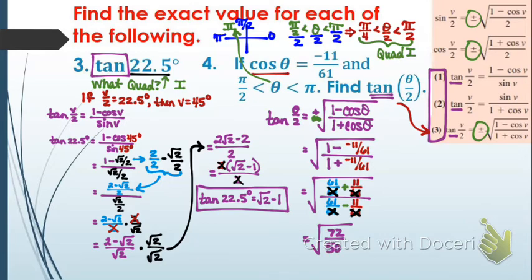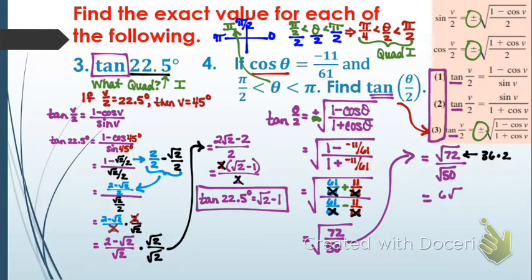Those are both under the radical, right? So I have radical 72 over radical 50. Can I simplify radical 72? What does it simplify to? 6 square root of 2, because this is 36 times 2.